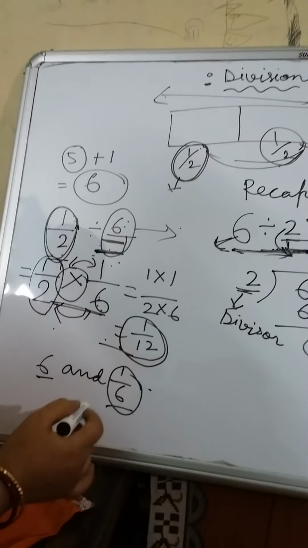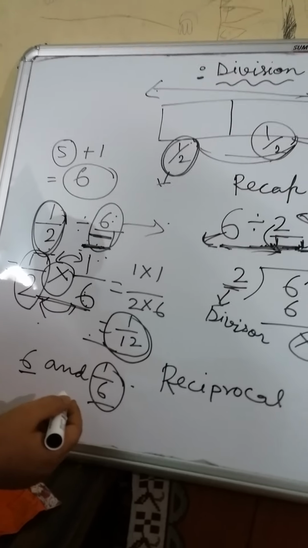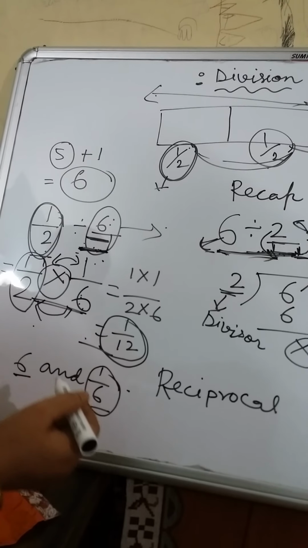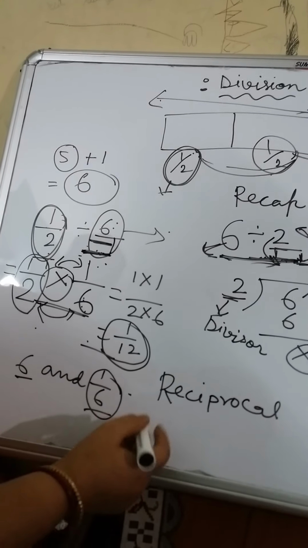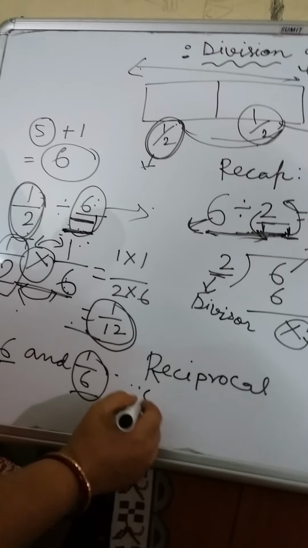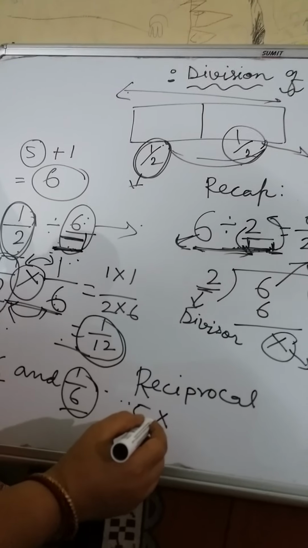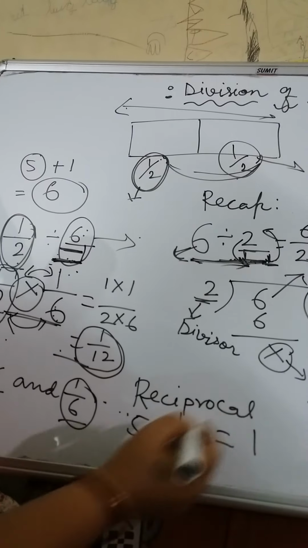So what do you mean by reciprocal? Reciprocal of a number is the one which when multiplied by the number gives 1. That means if you multiply a number, say 5, by its reciprocal, I should get 1.